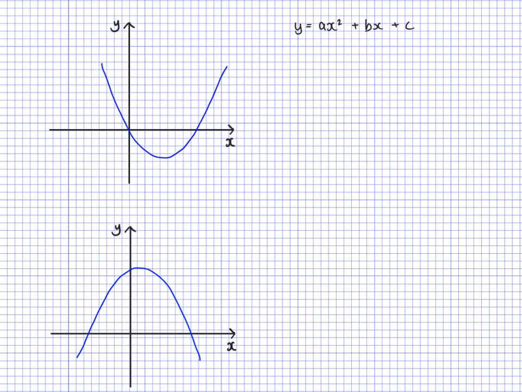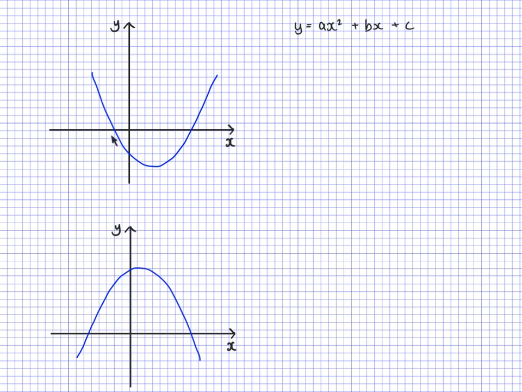Now, a few points are really important points that we need to know how to find quite quickly. Now, this is the lowest point, and on this one, this is the highest point. You can complete the square and use some of the values to find what the coordinates of this point are, or this one.